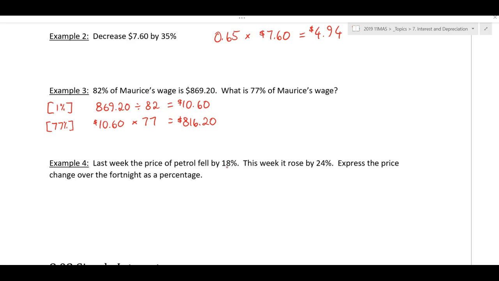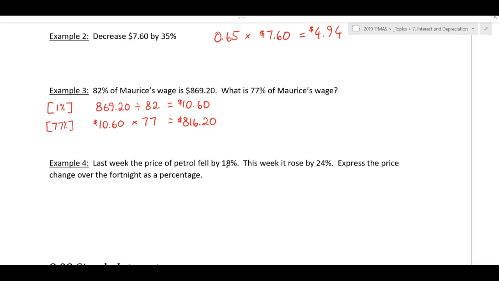The other problem with this question is that it didn't tell us what the petrol cost originally. A neat way around this is to say, let's say I started with $100 worth of petrol. At the beginning of last week, it cost me $100 to fill up my car.